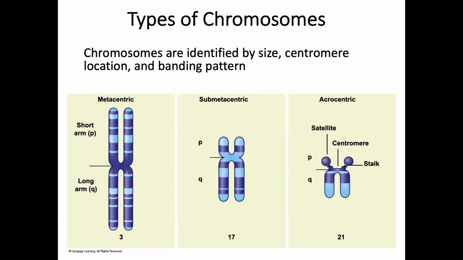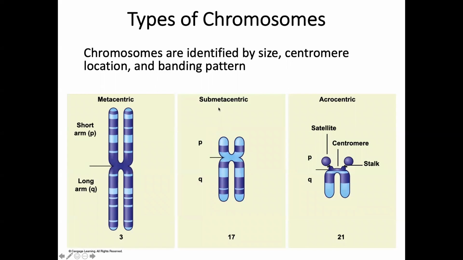Cytogenetics studies chromosomes. Based on their sizes and shapes, scientists characterized them into 3 types. Showing here are 3 representative forms of chromosomes. On the left, this is human chromosome 3. This is a large chromosome, and because the centromere is centrally located, it is called a metacentric chromosome.